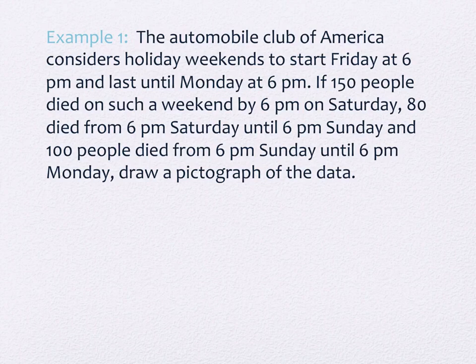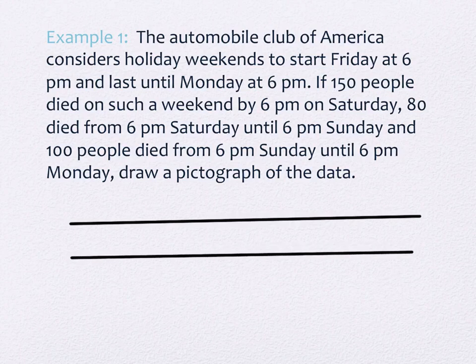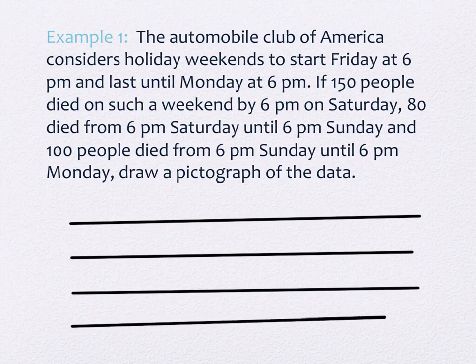We are going to make a pictograph, and to start with, let's just draw some horizontal lines. The horizontal lines are going to be the space holders for my pictograph images, and they're going to separate the 3 different categories of days that are represented in our problem. On the first one, we might label it just Saturday.